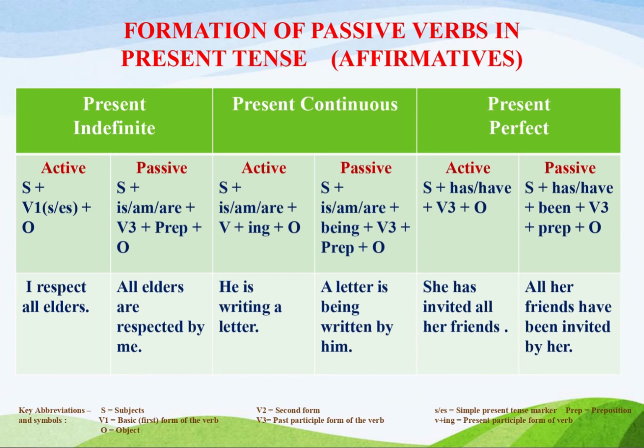While going to the passive form, we will follow subject plus is or am or are plus the third form of the verb plus preposition, that is by, plus object. Let us take the example, I respect all elders.